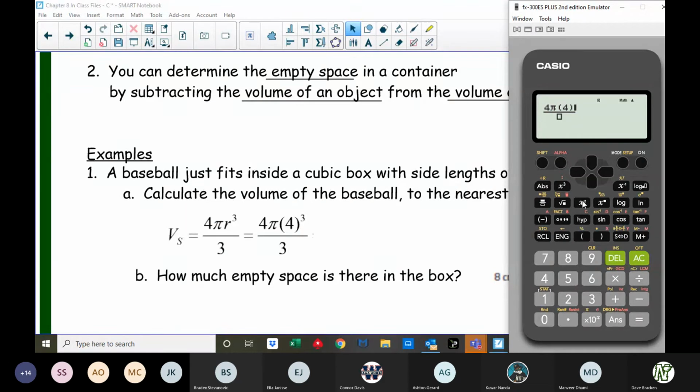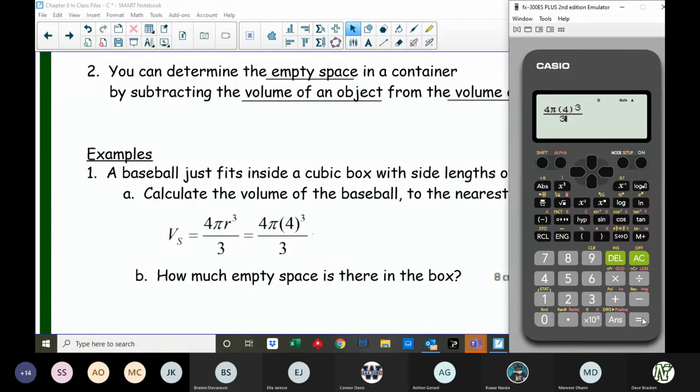And if you notice, this is why I'm liking this calculator so much. Here's your squared key on your calculator right there. But we're going to move to your cubed key, which is up and over right in here. That's x cubed. You can see the little 3. Hit your down key to get to the denominator and hit 3.